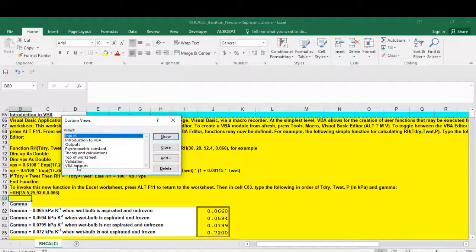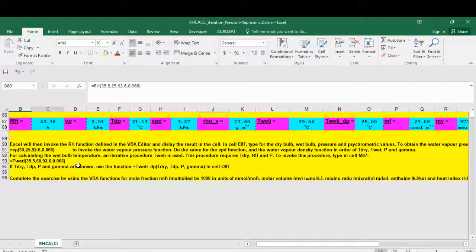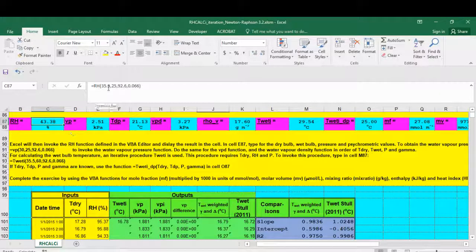If we look at the VBA outputs, that's the one for relative humidity. For vapor pressure in kilopascals, we use the function equals VP, a dry bulb, a wet bulb, an atmospheric pressure, a psychrometric constant. Similarly, for dew point, we use TDP as the function, same inputs.